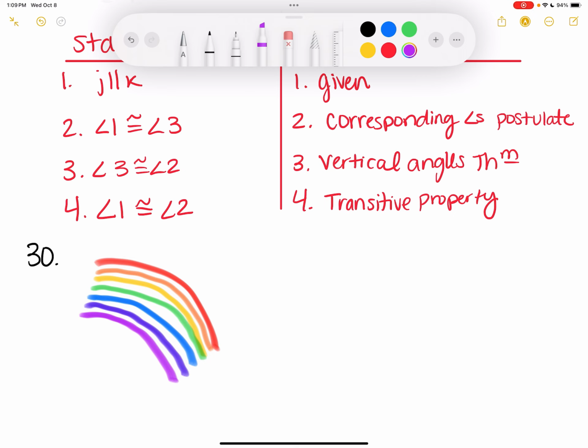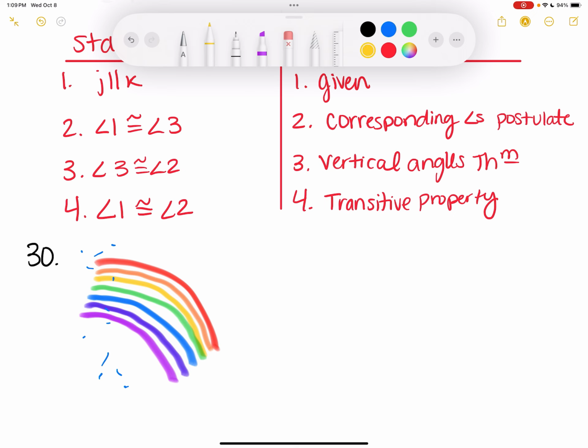Okay, there's my rainbow. Now, they give you a whole thing here in the word problem about when sunlight enters a drop of rain, different colors leave the drop at different angles, and that's what makes a rainbow. That's science class, not geometry. So, what happens here is they've given us this picture with rain falling.